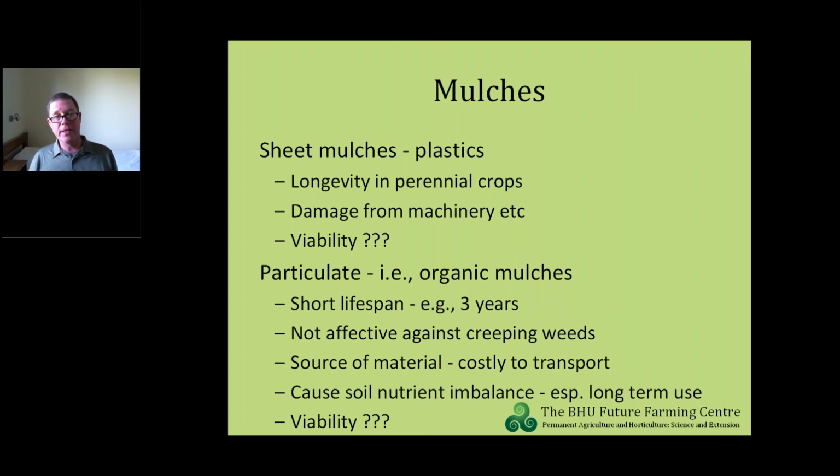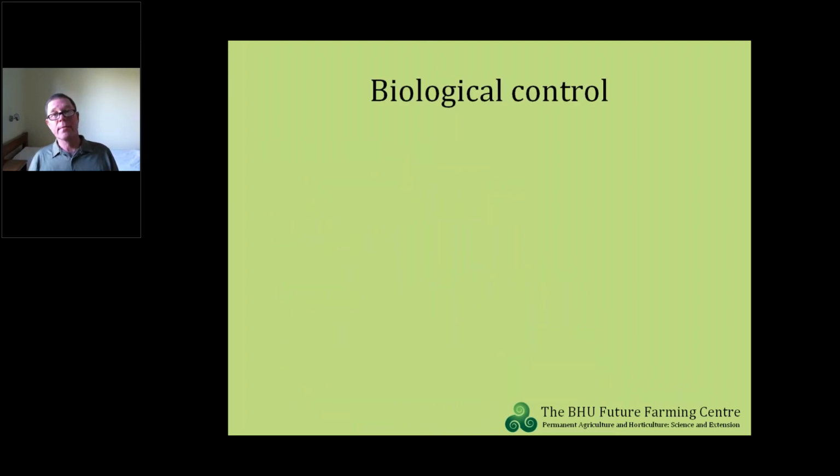Often there's very few places you can find appropriate materials at a sensible price. And even those materials that have very low nutrient levels, if you're putting a lot of this stuff on, you will very rapidly oversupply nutrients. So they are a form of fertilizer. Again, I look at these and really wonder what their long-term potential is.